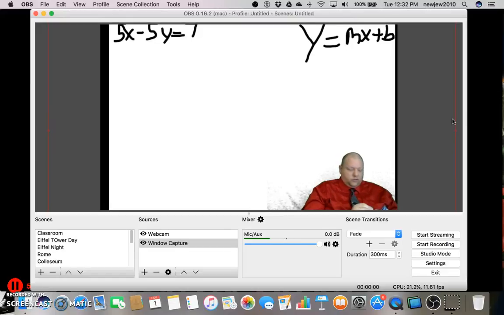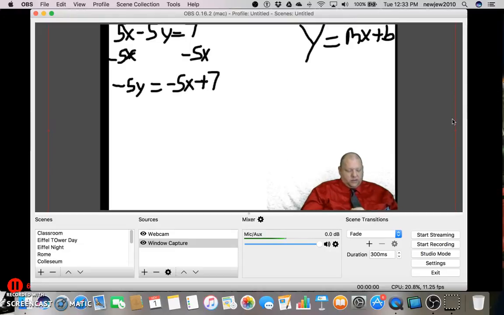First thing you want to do is subtract your 5x from both sides of the equal sign. That leaves you with negative 5y equals negative 5x plus 7. Then you want to divide by negative 5 on both sides of the equal sign.